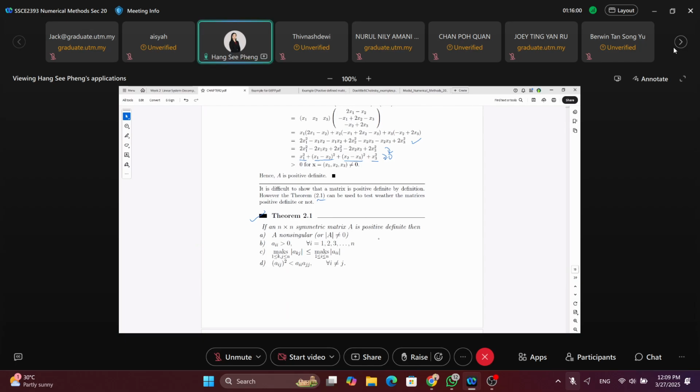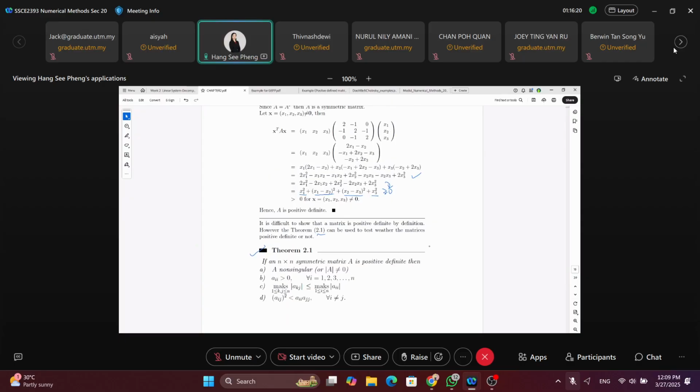If it is not symmetric, it can still be positive definite, but because we want to use Cholesky, we have to make sure it is a symmetric positive definite matrix. So check whether it is symmetric, then only we check these conditions. You have to check four conditions, A, B, C, and D, but this is quite straightforward. These four conditions must be satisfied, then only we can say matrix A is positive definite.